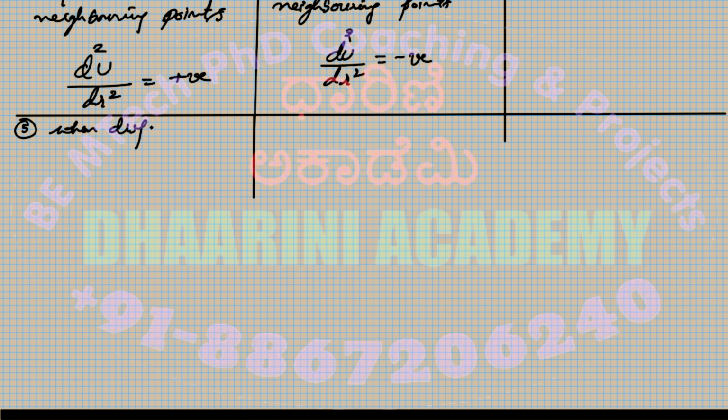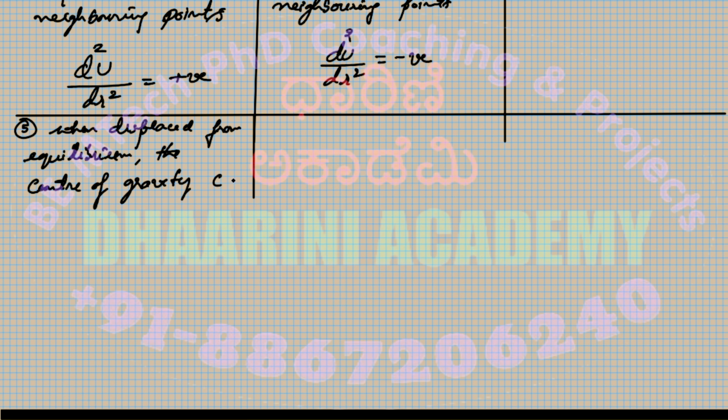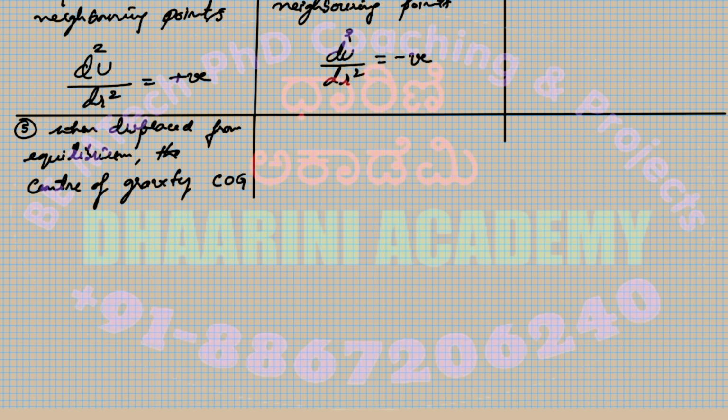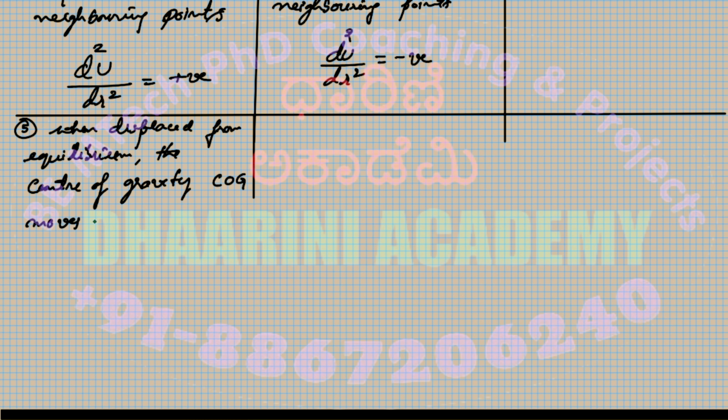When displaced from equilibrium, the center of gravity, short form is COG, center of gravity of the body moves up. So the body center of gravity COG moves up.